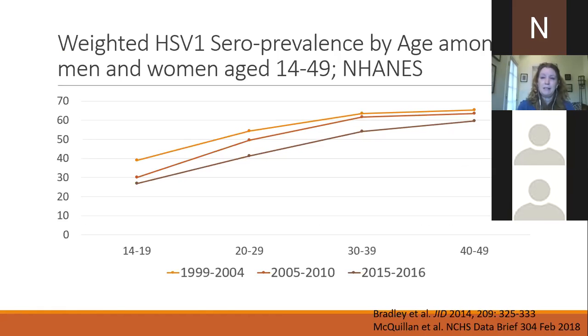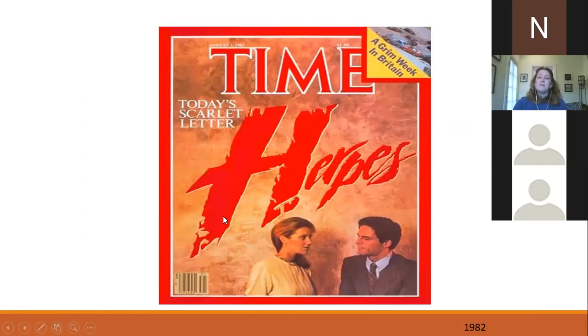So this is what I mean about the prevalence of herpes type 1 by age. People my age, more than 50% of us are going to have herpes type 1, most likely oral. I think one of the challenges with herpes in the patients that I see is that there's this really unfortunate stigma associated with it.